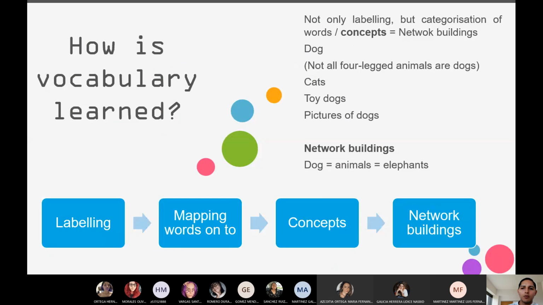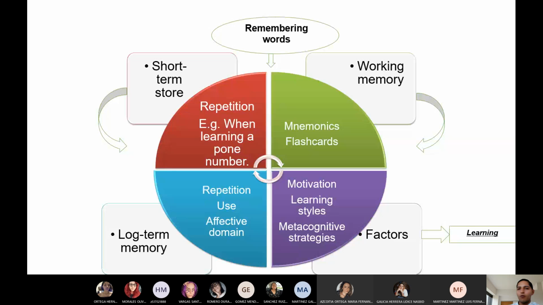Now, how to remember words? Once you go for the learning or acquisition process, how can students remember words? Well, words are remembered by means of a short-term store, that is, by means of repetition. An example is when you're trying to learn a phone number that you're given and you don't have anything to save it with.